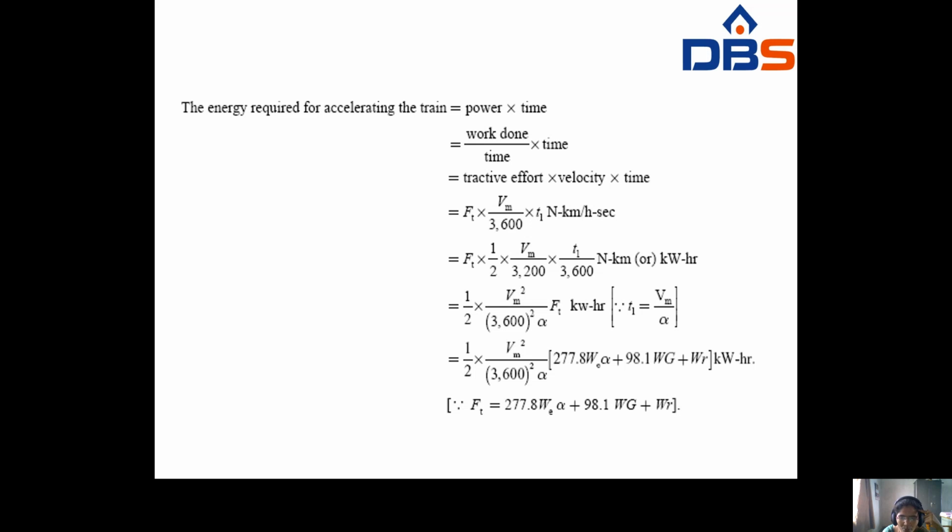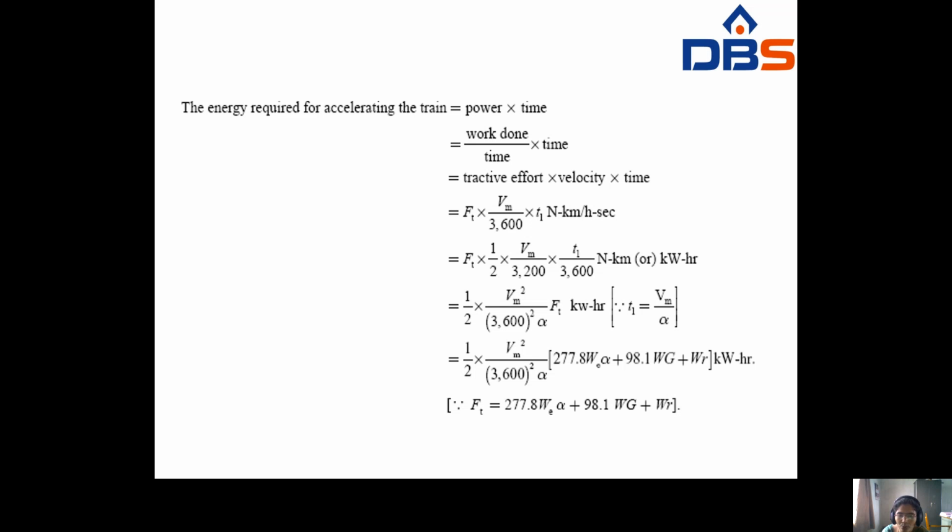So in the place of T1 you write Vm by alpha, and Vm into Vm becomes Vm square by alpha. In the previous class we found the tractive effort Ft for the propulsion of the train. The formula is 277.8 W alpha plus 98.1 Wg plus Wr.